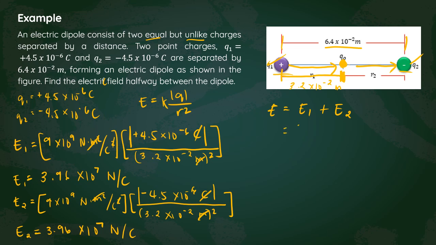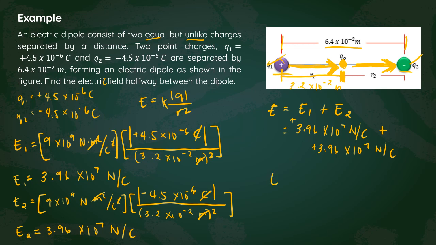Substituting our values, we know that it's 3.96 times 10 raised to 7 newtons per coulomb, and it's positive due to the positive side, going to the right, plus it's also positive 3.96 times 10 raised to 7 newtons per coulomb. Since, again, the positively charged particle will have an electric field towards this direction with respect to this point, and the negatively charged particle will also have an electric field in the same direction.